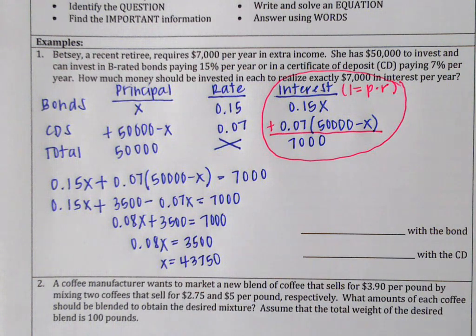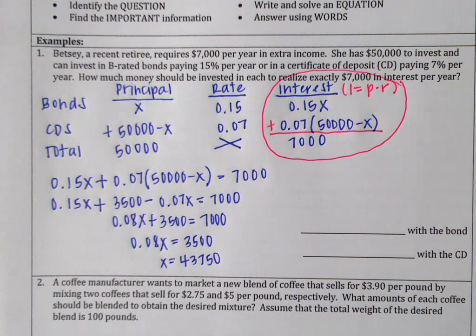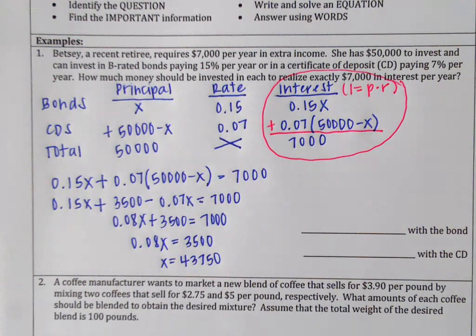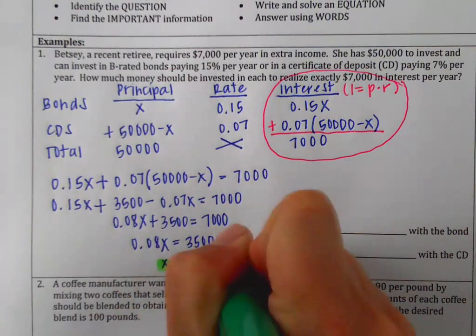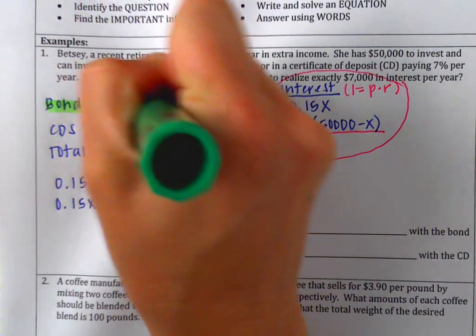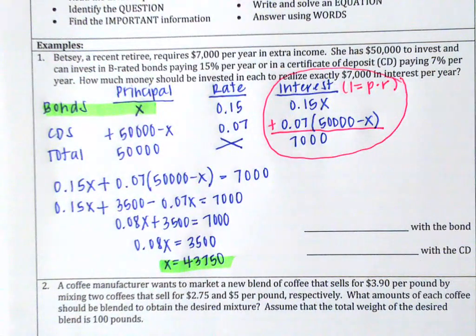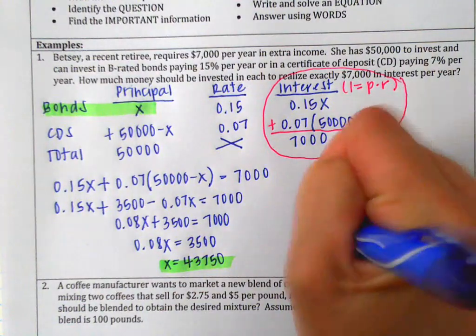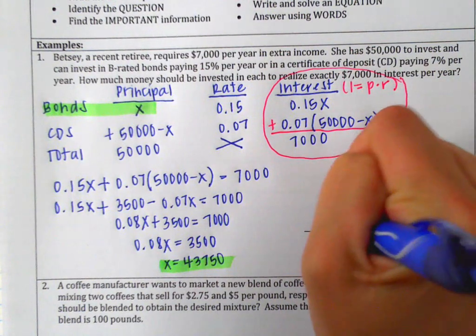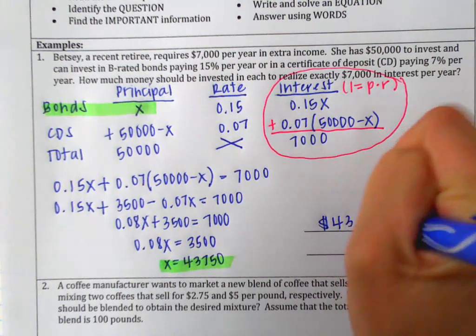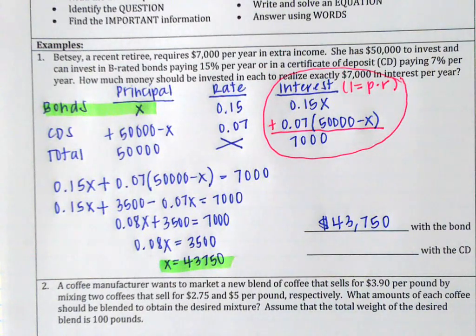Okay, so what that means, so x, right, we circle back, is the amount in bonds or CDs? X is bonds. So that means Betsy is going to put $43,750 in the bonds.